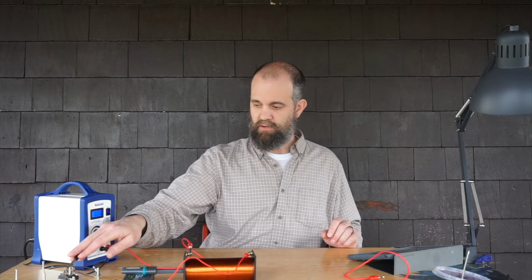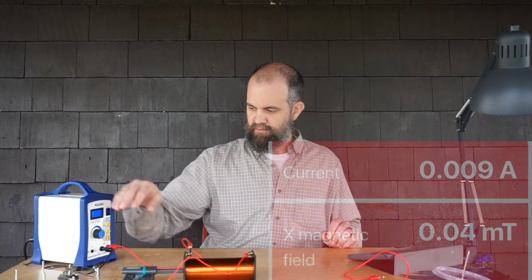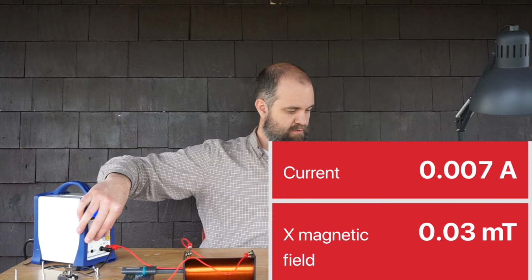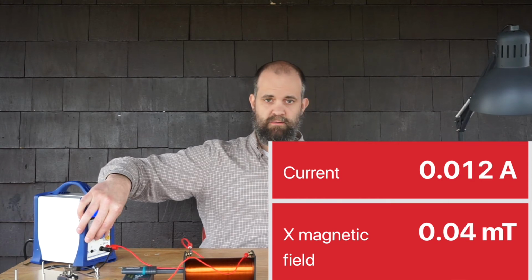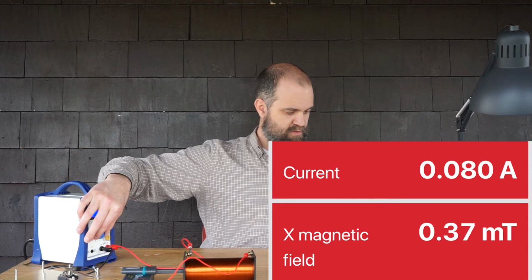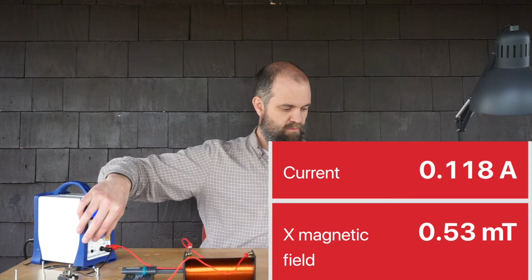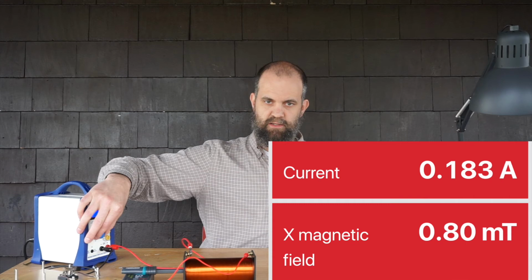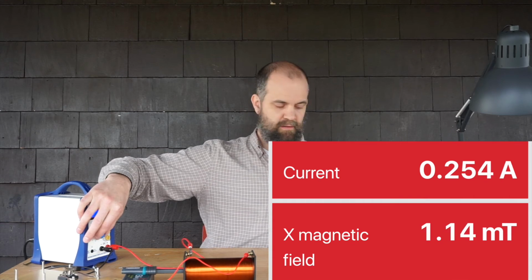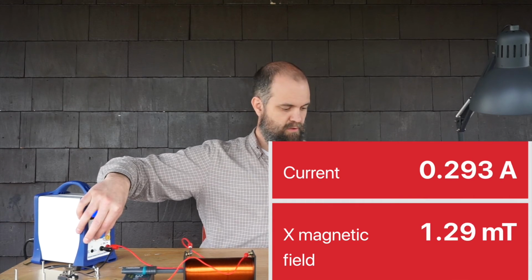Our sensors are zeroed. We'll start data collection by throwing the switch, and then I will slowly raise the current by raising the voltage. I'll pause every so often so that you can get a new reading once it stabilizes a little bit, and allow you to record these values as we go.